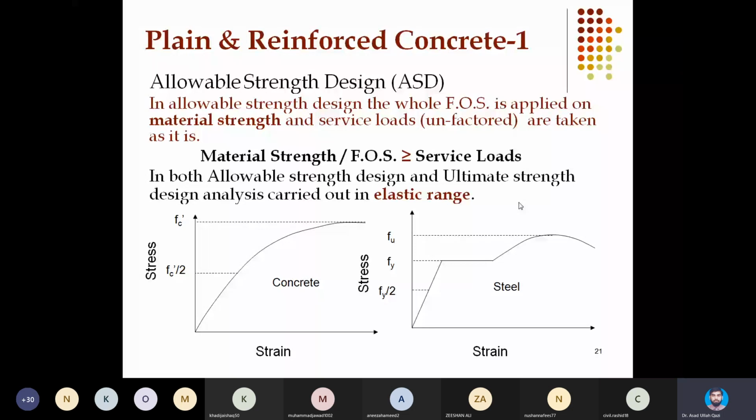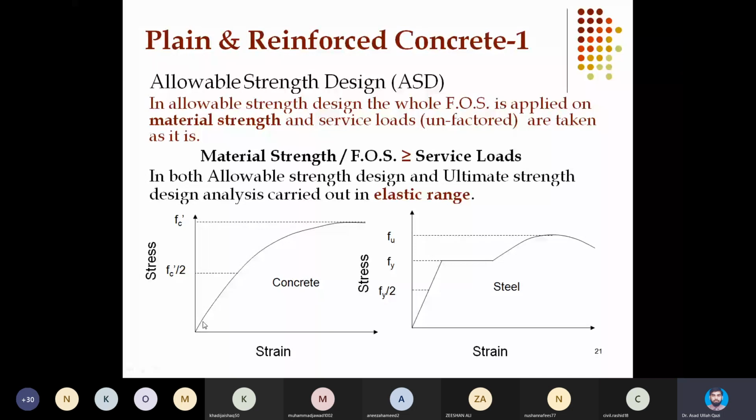In ASD, in this stress strain curve of concrete, you will notice that in the very initial range, when you apply stress on the concrete, the stress strain will be nearly straight.